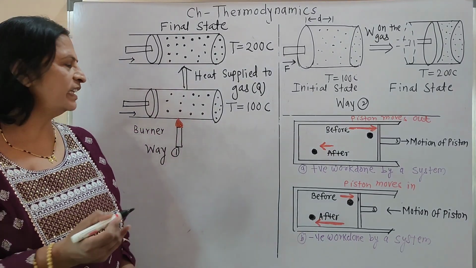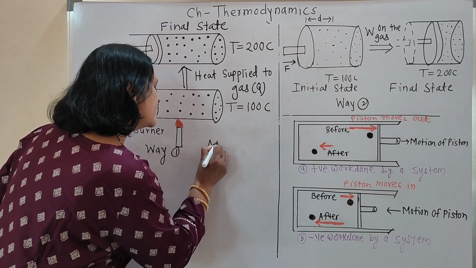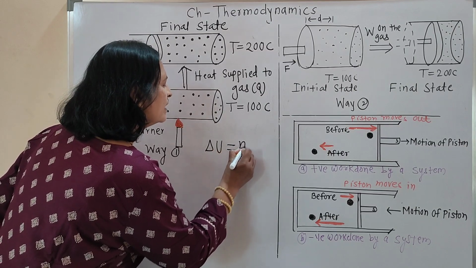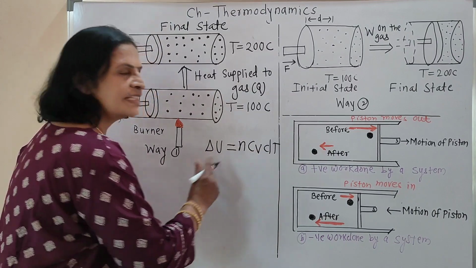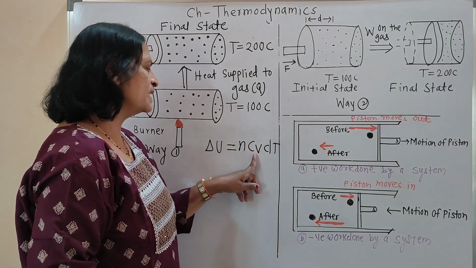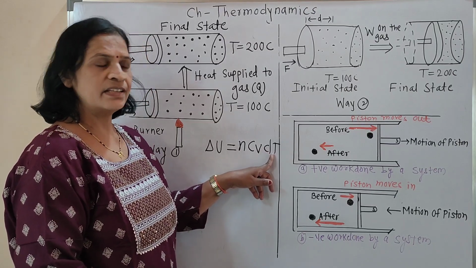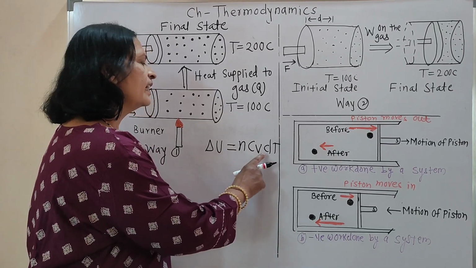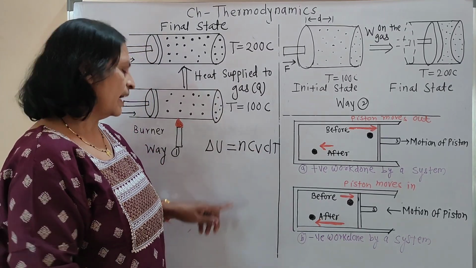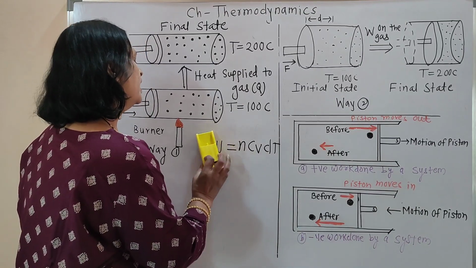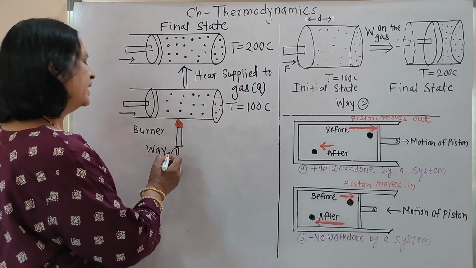The formula for change in internal energy is nothing but nCv dT, where n is the number of moles, Cv is the specific heat of a gas at constant volume, and dT is the rise in temperature. This means internal energy depends on temperature only.